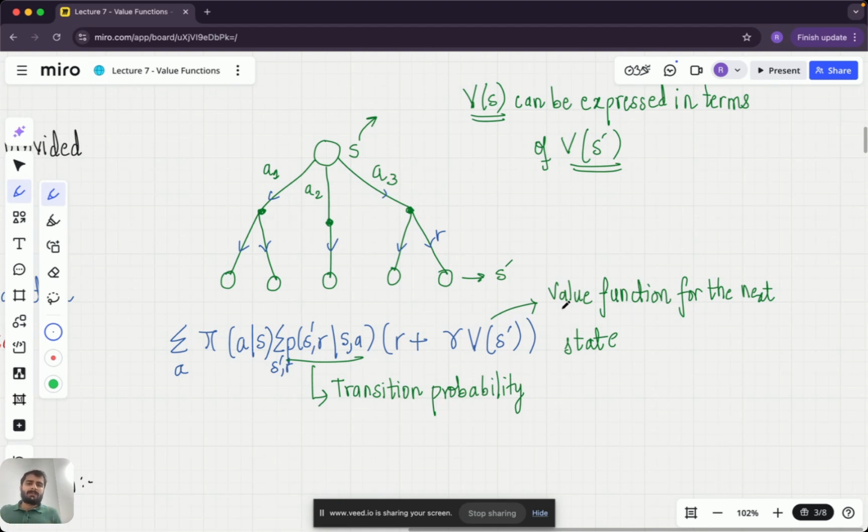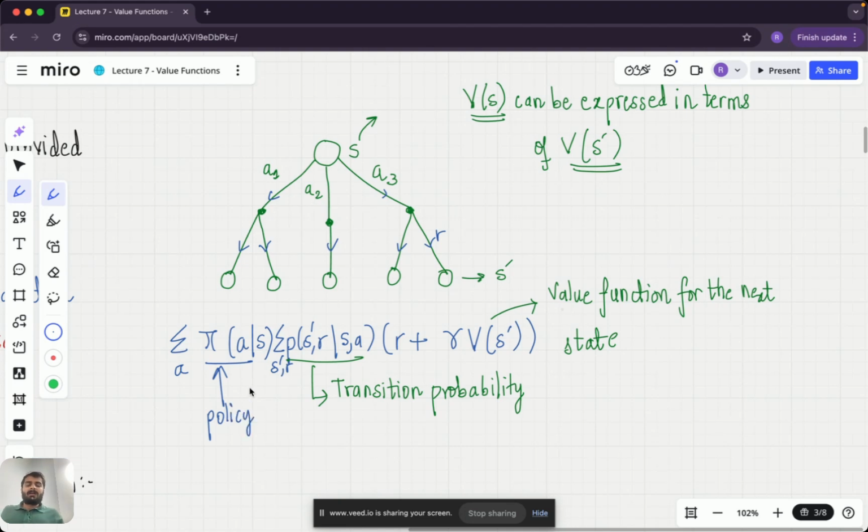The first term is the probability that the agent is going to end up in this state, and that's given by the transition probability of s dash comma r given s comma a. And then what's the probability that the agent is going to select this action in the first place? This is given by the policy. So remember, pi is our policy.